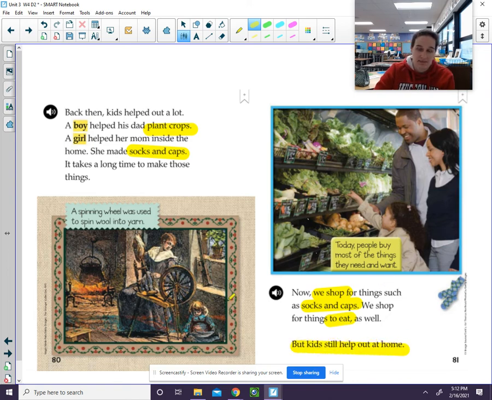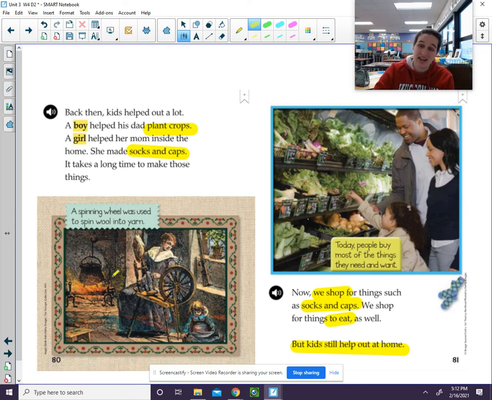So what's something that is different? A way you can contrast past and today. In the past, the boys had to plant crops and the girls had to make socks and caps. What do you do today? You usually buy those things from the store. So that's different.